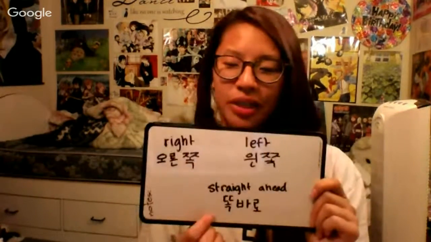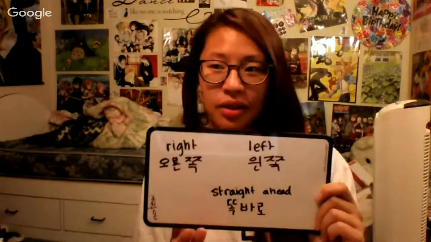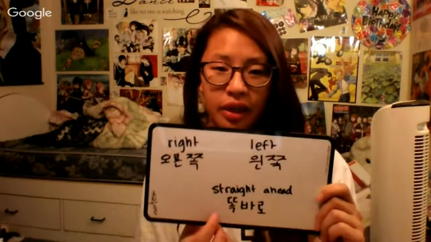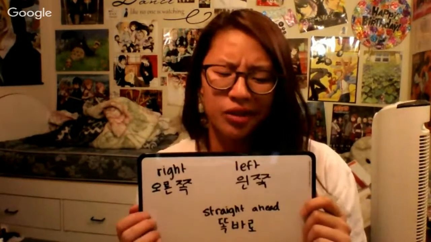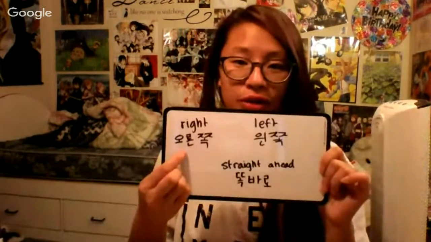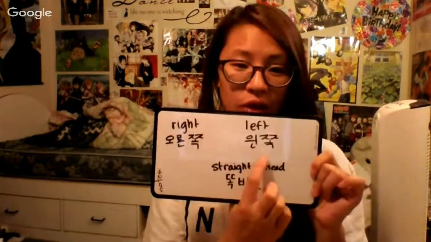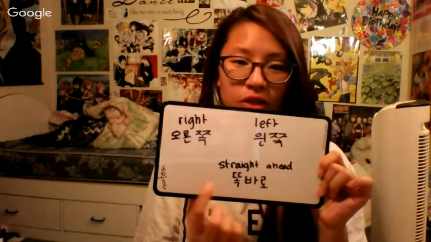But if someone asks you where is the library, you could just say straight ahead. If you want to put it in a sentence, then go ahead. I'm low key brain dead right now because I need some food in me. So right, 오른쪽, left, 왼쪽, and 똑바로 is straight ahead.